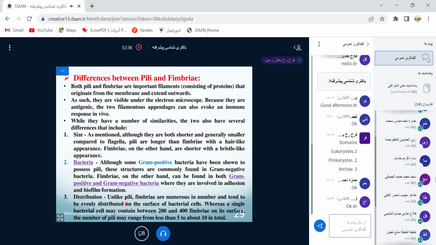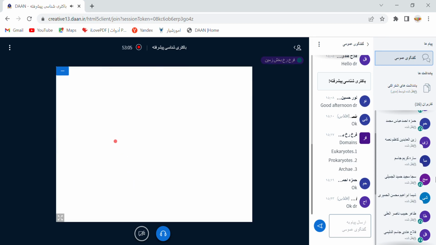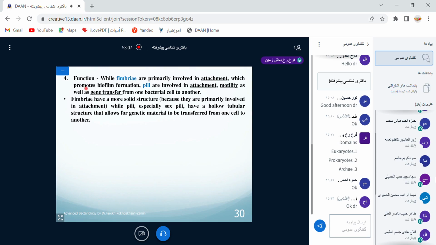3. Distribution. Unlike pili, fimbria are numerous in number and tend to be evenly distributed on the surface of bacterial cells, whereas a single bacterial cell may contain between 200 and 400 fimbria on its surface. The number of pili may range from less than 5 to 10 in total. 4. Function.